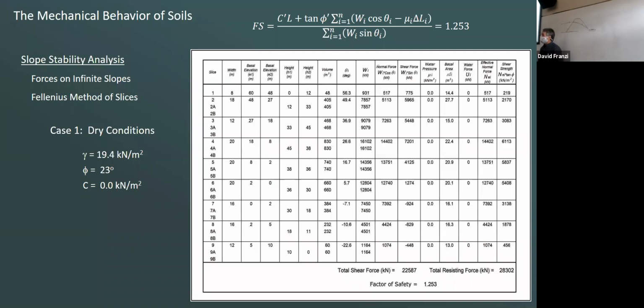Wouldn't that just basically depend on where you put the center of the circle? Absolutely, and there's an infinite number of possibilities, isn't there? So you have to put some kind of constraints on these models. In this case, all we're doing is comparing what happens when we take one circle and change the stress conditions on the slope. But if you were truly looking for the minimum factor of safety, you'd want to do some kind of search algorithm.